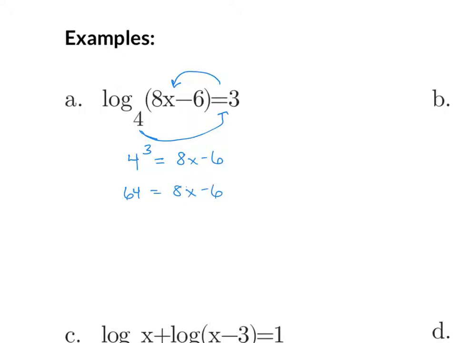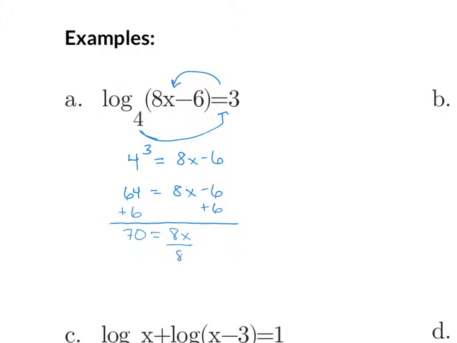From here, we want to go ahead and solve a linear equation. Since all of my variables are on the right, I want to move my numbers to the left. We get 64 plus 6 is 70 equals 8x.